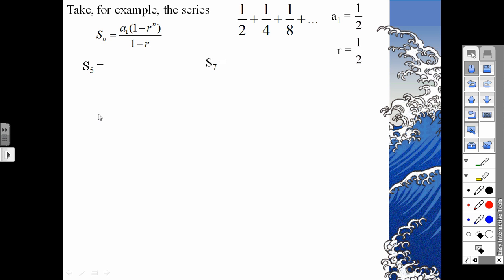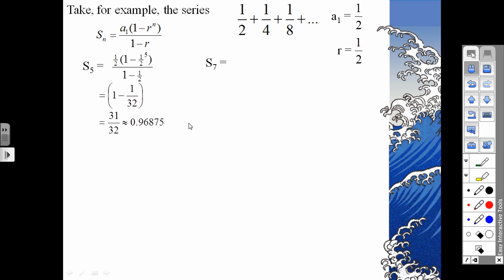Okay, so plugging it in for the sum to 5 terms, we get 1/2 multiplied by 1 minus 1/2 raised to the 5th power over 1 minus 1/2. Simplifying it all down, we get 1 minus 1/32, which really comes out to be 31 over 32, which is approximately 0.96875.